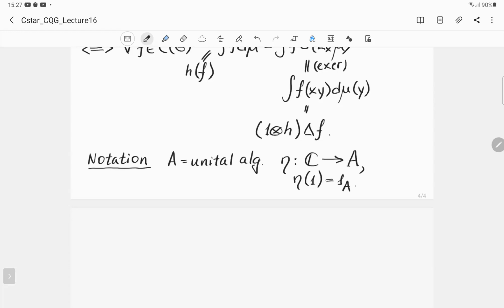So by using this notation, we see that mu is left invariant if and only if the following identity holds: 1 tensor h composed with delta equals eta h.